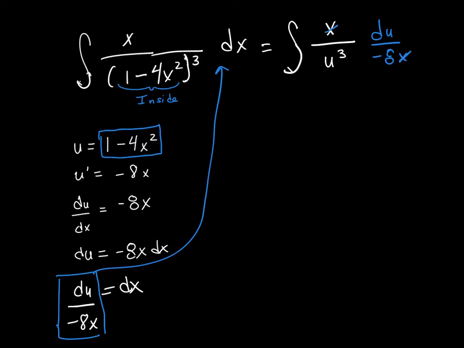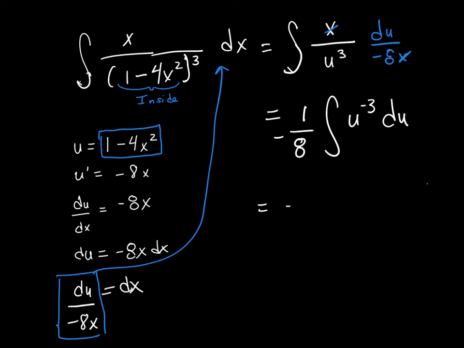Those x's cancel out, and I'm also going to go ahead in one step right now. This is u to the third, which is in the denominator, so I'm going to bring that up to the numerator. So now I pull out the negative 1 over 8, integral of u to the negative 3 du.